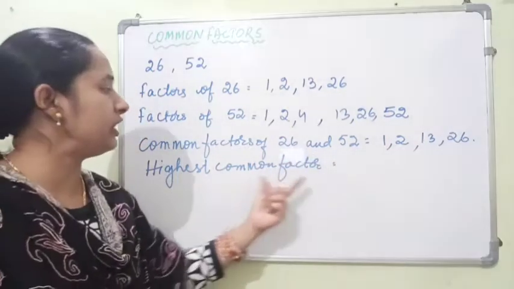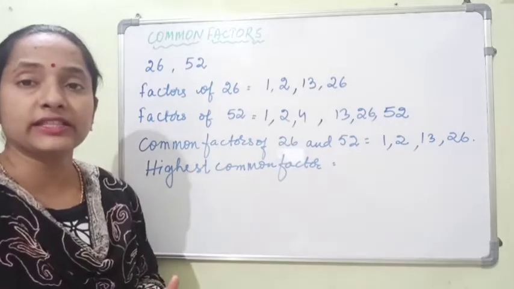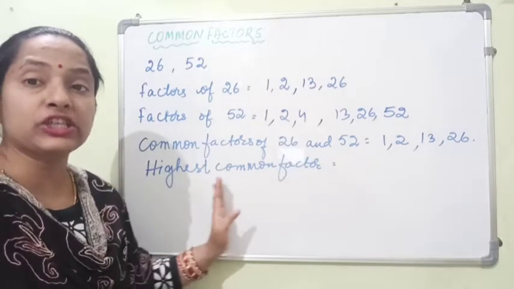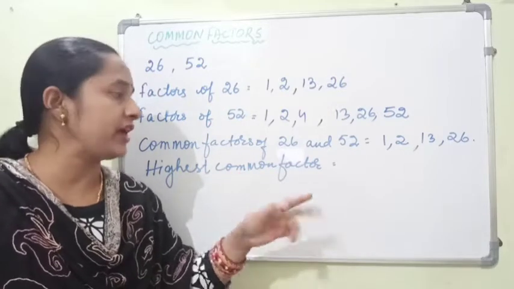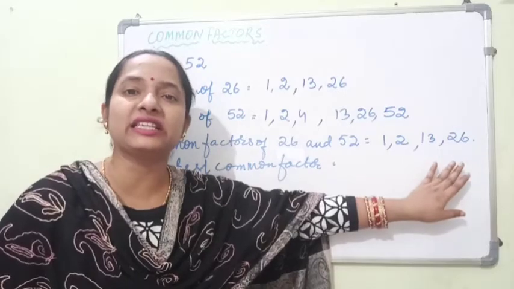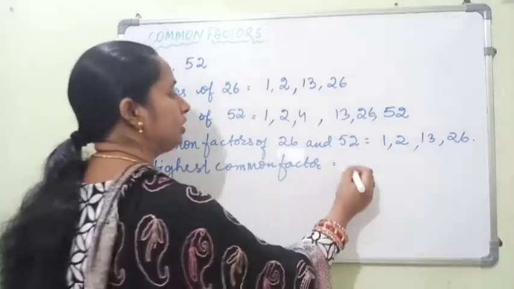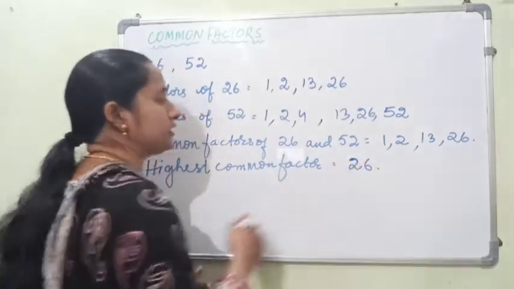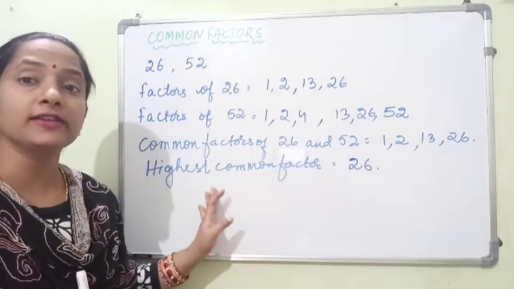The words themselves give us the meaning of highest common factor, which means the highest among the common factors. These are the list of common factors, and what is the highest number among them? 26 is the highest one. So the highest common factor is 26.